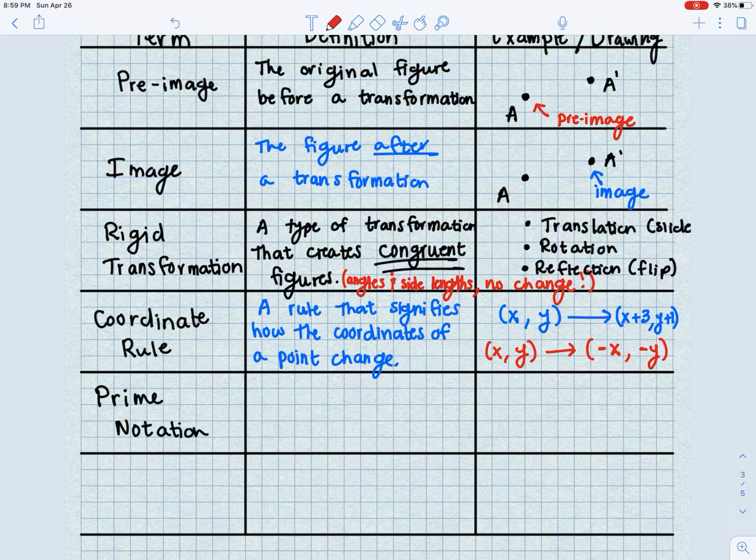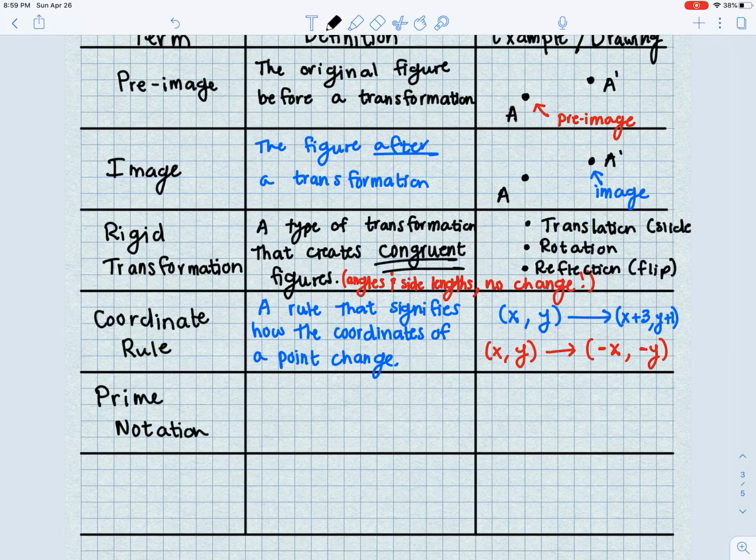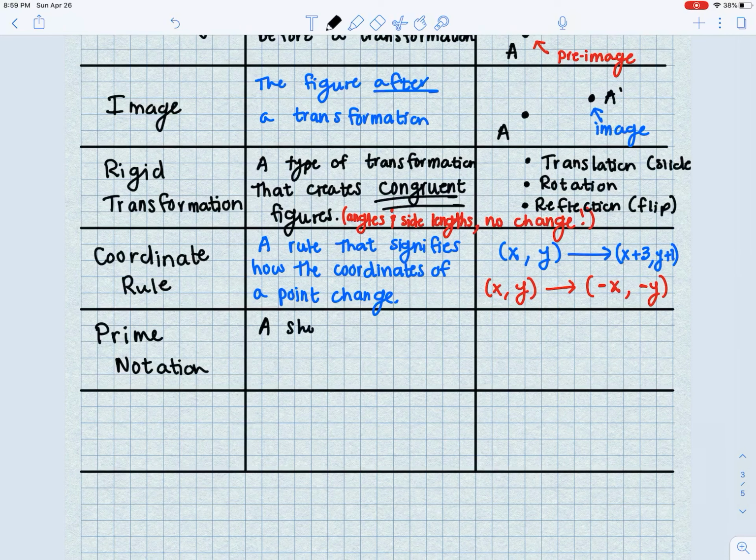Okay, so the last vocab word that I have for you guys today is what I call prime notation. And this is going to make talking about transformation so much easier. Okay, so what prime notation is, it's a short way to notate which points are images.